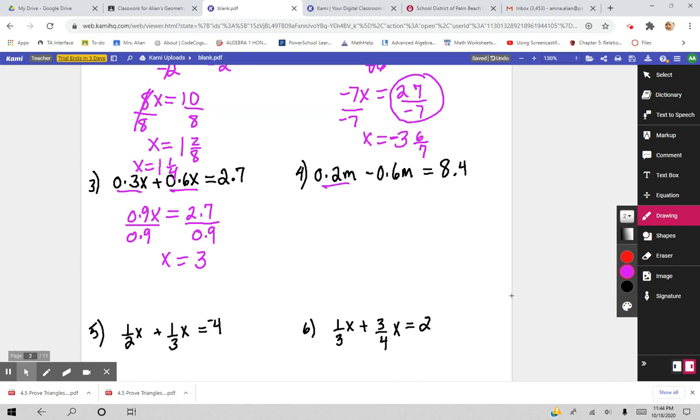Okay, so we have like terms here. We can put those together, giving us negative 0.4m equals 8.4. Divide by negative 0.4. This will give us m equals negative 21.